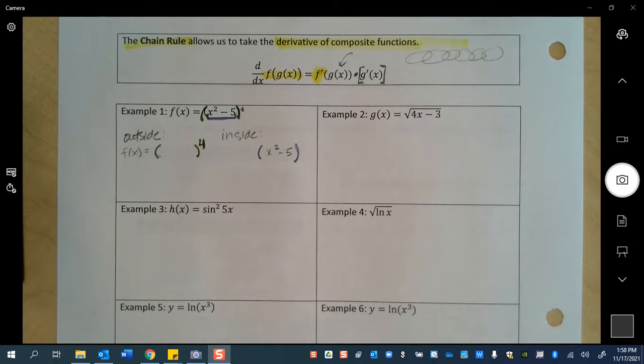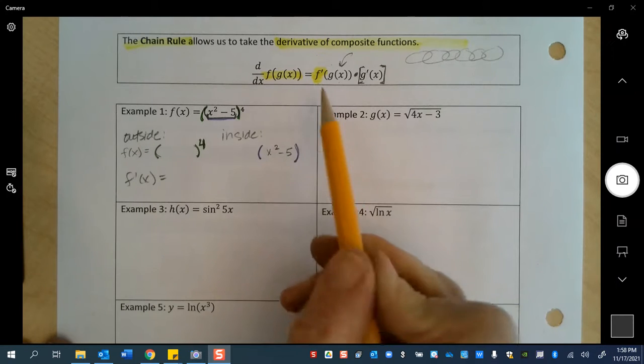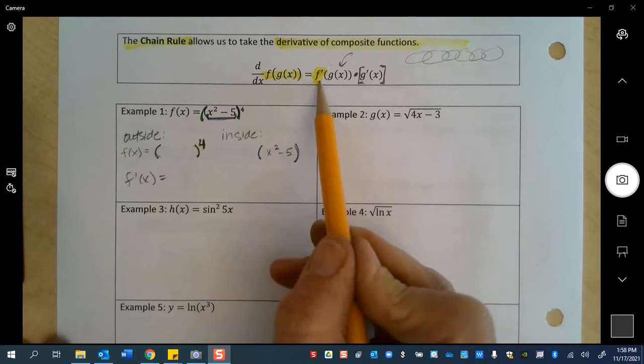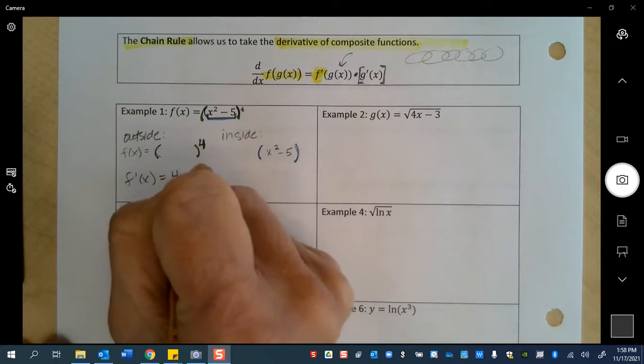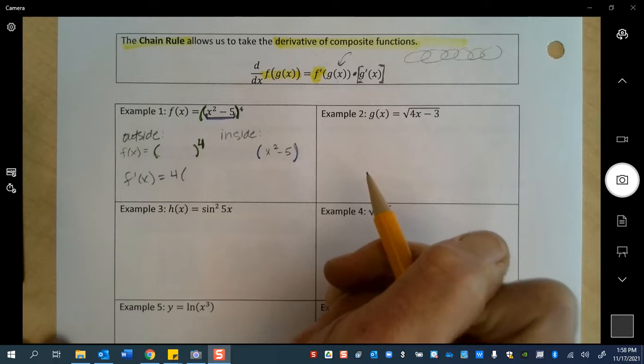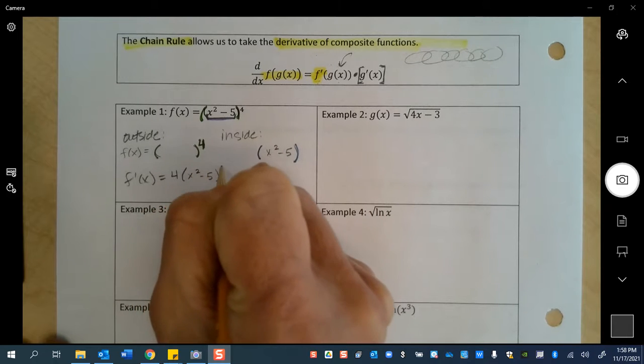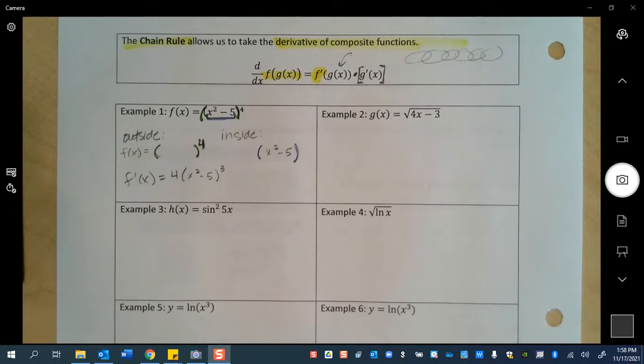You okay with that? Ready for the chain rule? When I take the derivative of this, I take the derivative of my outside function. So 4 times that function, there's my derivative. That's fine.